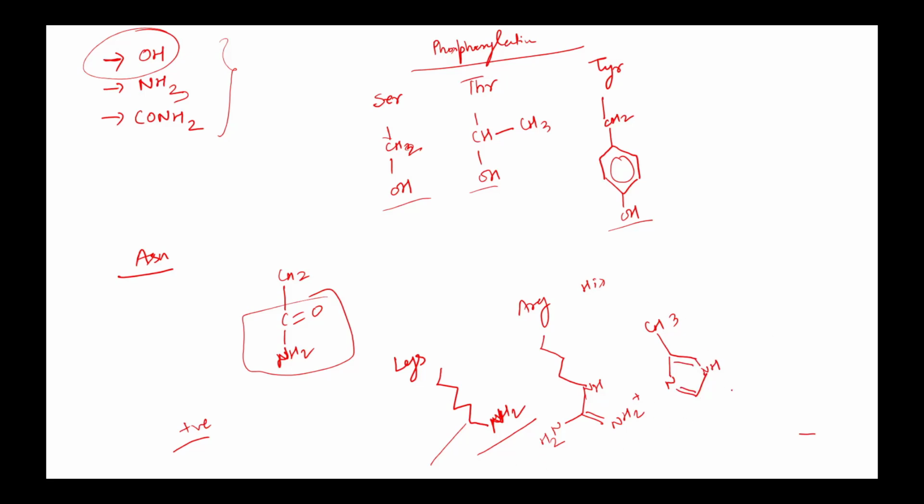All these NH2 groups can undergo post-translational modification. So if any amino acid residue given to you harbors these three in its side chain, it can undergo post-translational modification.